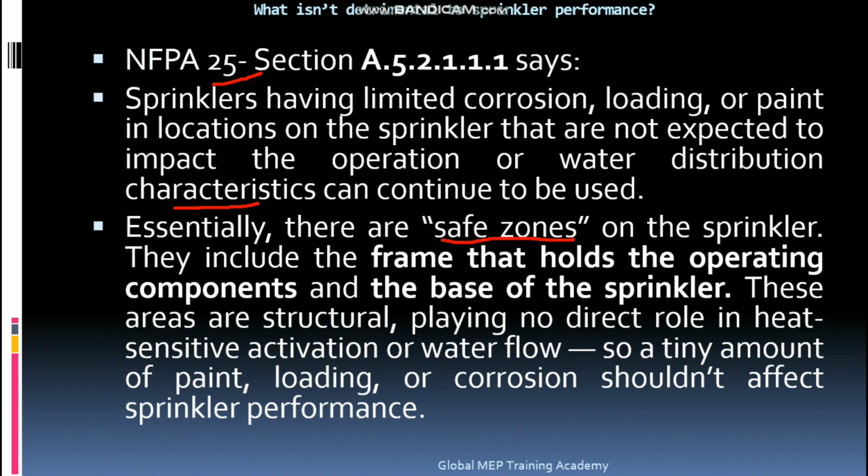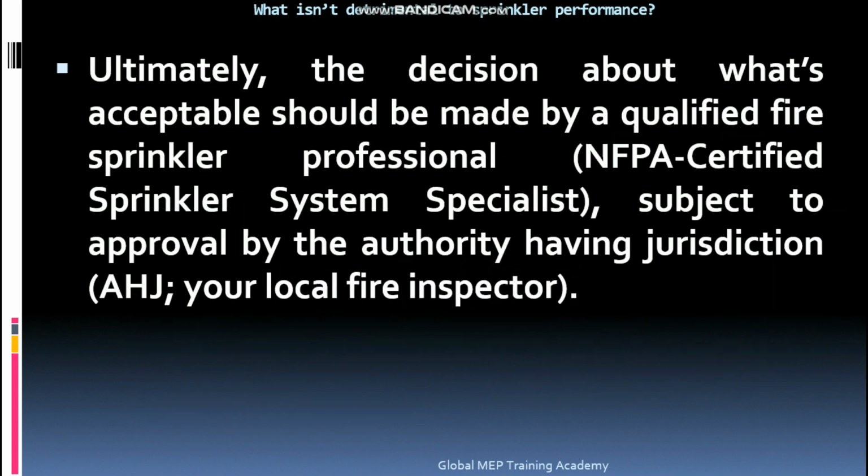As I mentioned, the frame holds the operating components and the base of the sprinkler. These are structural for the sprinkler, playing no direct role in heat sensitive activation or water flow. So a small amount of paint, loading or corrosion should not affect the sprinkler performance. That means if you see a very small amount of paint, corrosion or loading on the frame, then it is acceptable. We don't need to change the sprinkler.